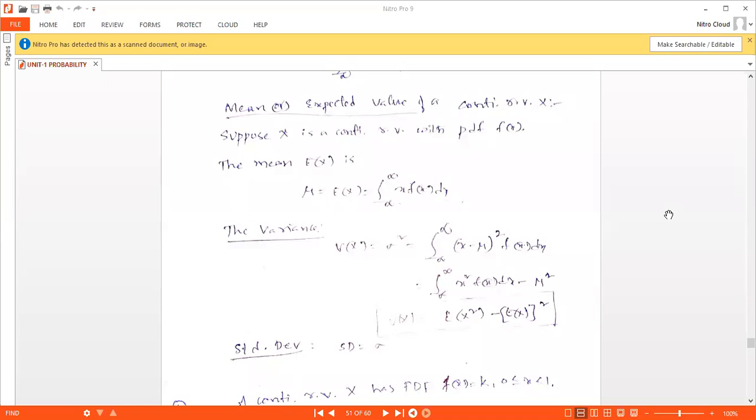That is equal to, in terms of the mean, the expectation of x square minus the expectation of x whole square. The standard deviation is the square root of the variance, that is sigma.